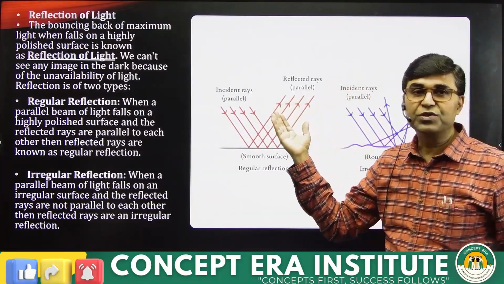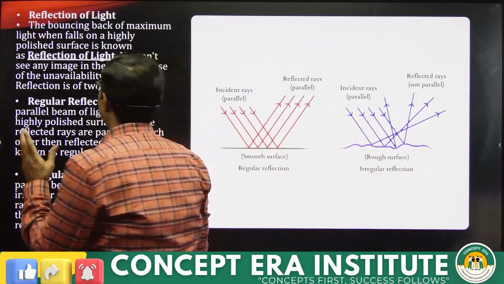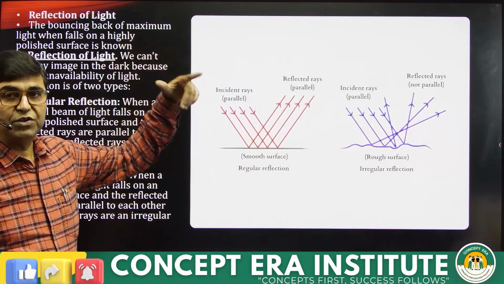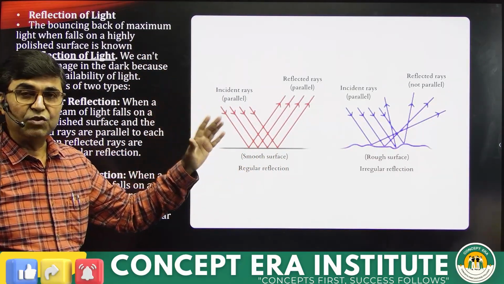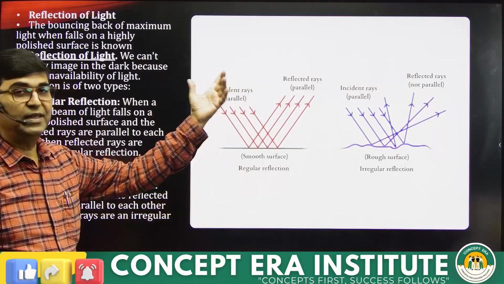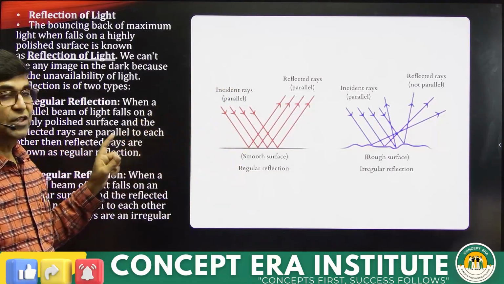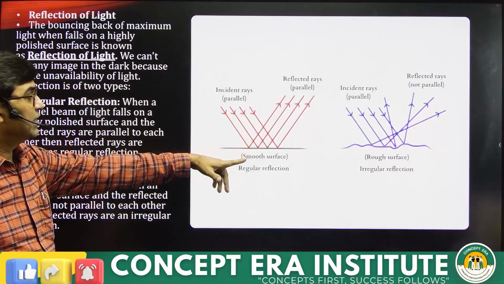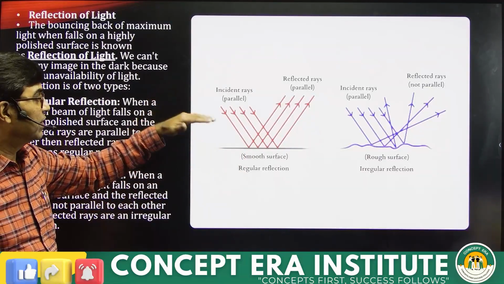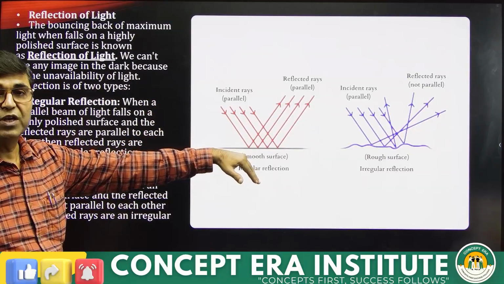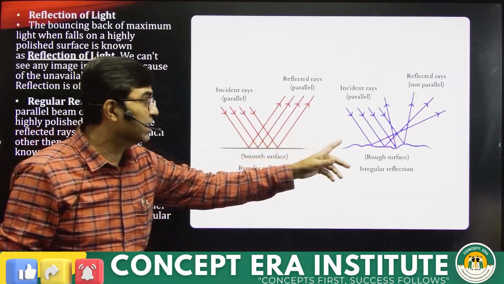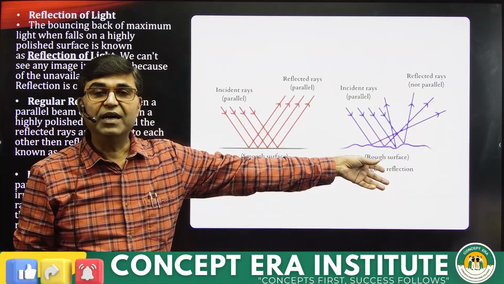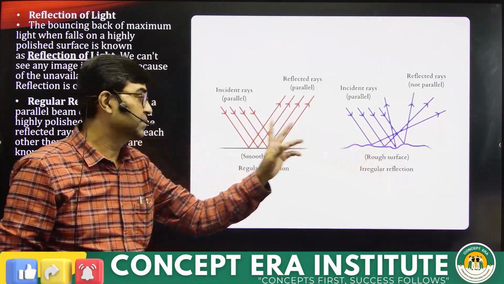Now we'll have a closer look at the reflection of light. Reflection is when light falls on an object, it is not absorbed and it bounces back in the same medium. It is known as reflection of light. Reflection of light is of two types. One that is happening at a very smooth, highly polished surfaces, and the other when light falls on any rough surface.